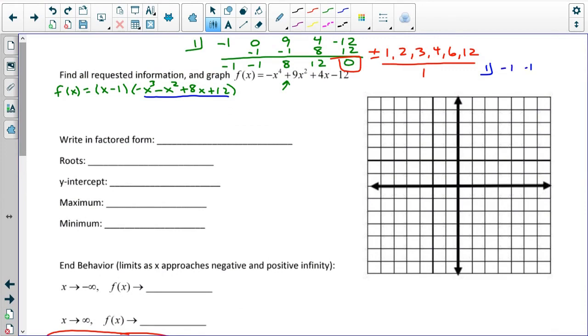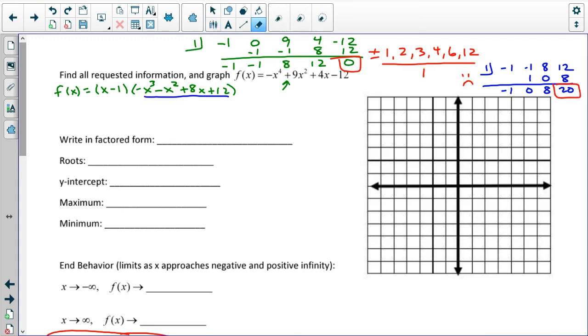So -1, -1, 8, and 12. If I pull down the -1, I get 0, 0, 8, 8. That's 20. 20 is definitely not 0. So that means that 1 does not work a second time.